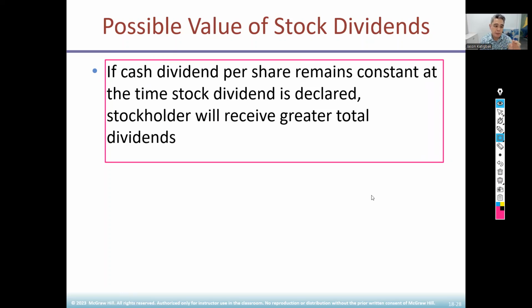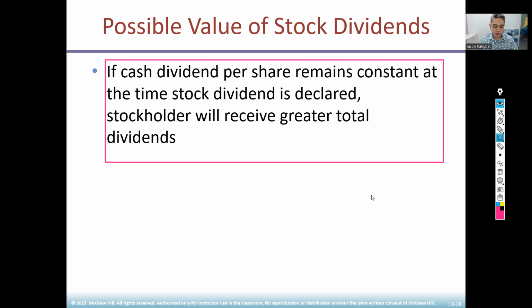Because you have a 10% increase in shares, any cash dividend declaration will now be based on 11 shares, an increase in the number of stocks that you have. So it's good for you when you have cash dividends after a stock dividend has been declared. Because you actually have more base to multiply with the cash dividend declaration. So that's one thing good about it.